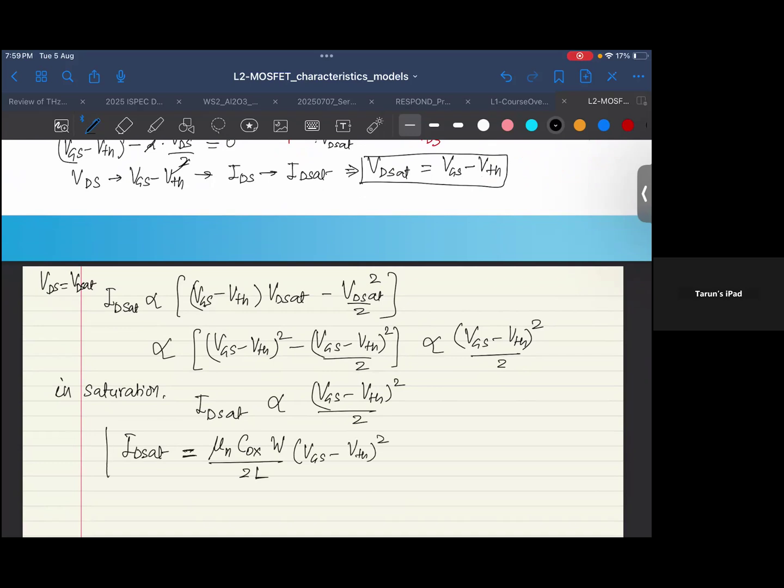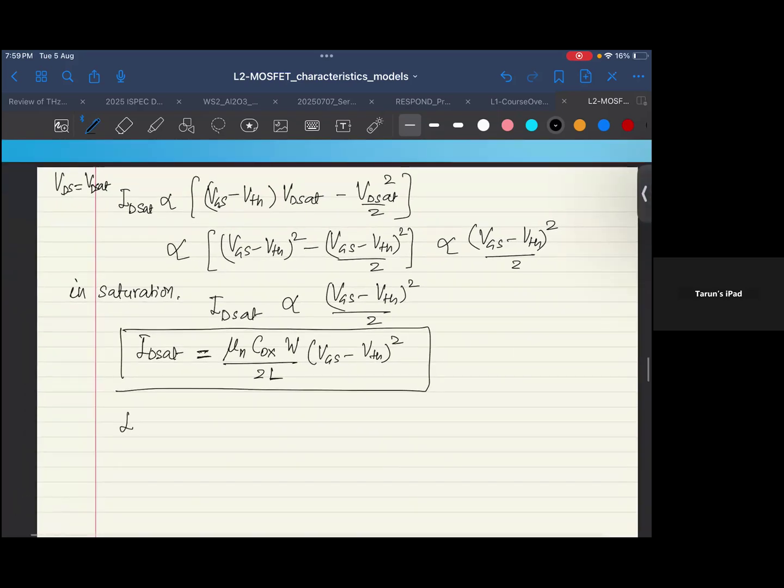So this is the ID sat, and this is IDS when your VDS is greater than or equal to VD sat, which is VDS greater than or equal to VGS minus VTH, or VDS greater than or equal to VOV.